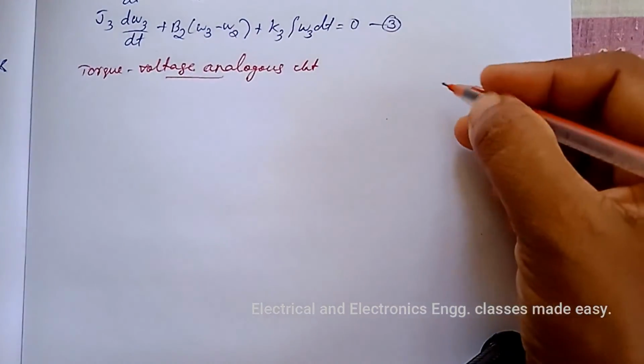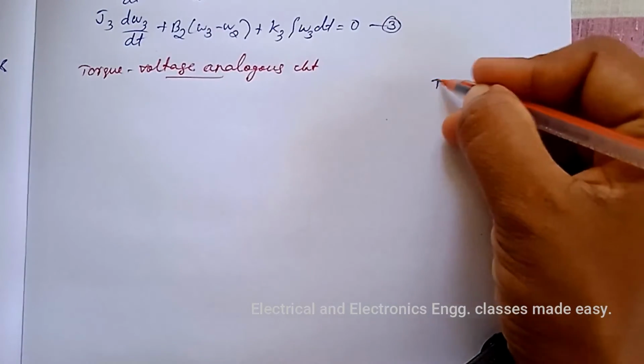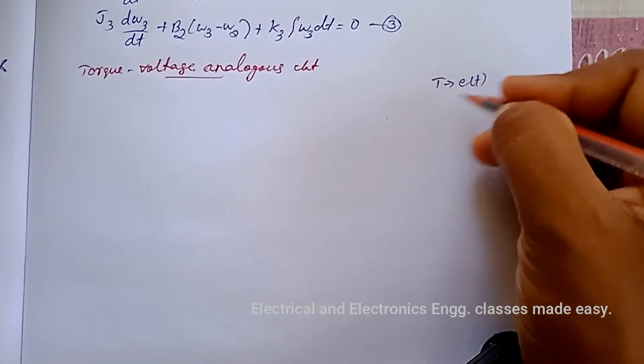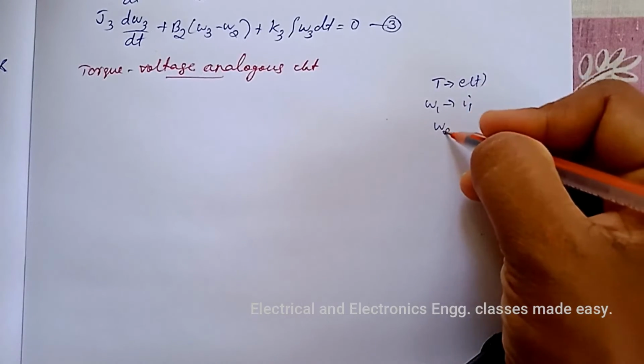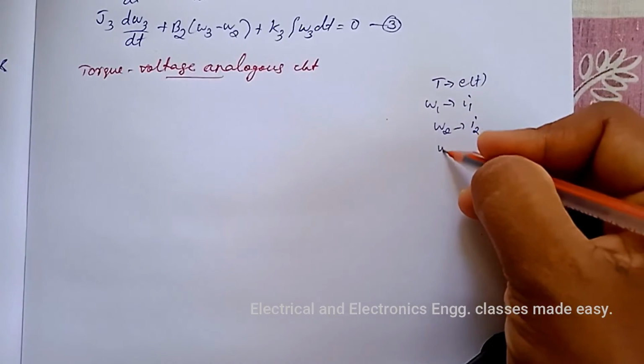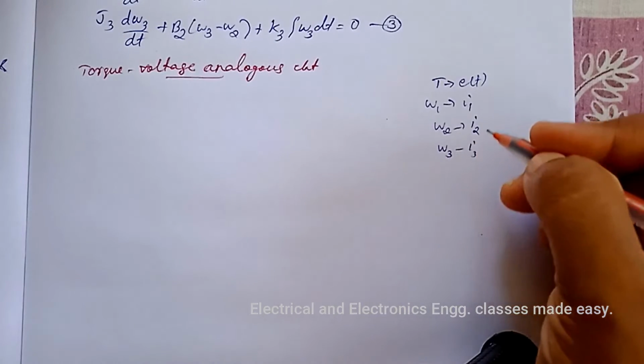So for that we have to consider the torque is analogous to E of t, then omega 1 is analogous to I1, omega 2 I2, then omega 3 I3, that is the current.